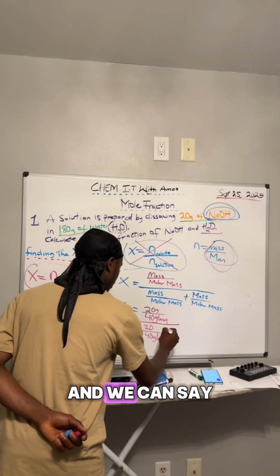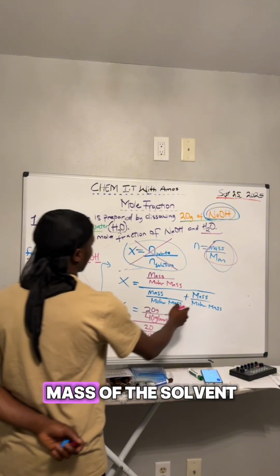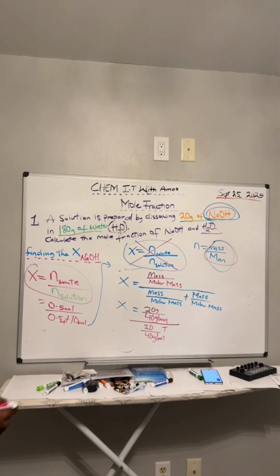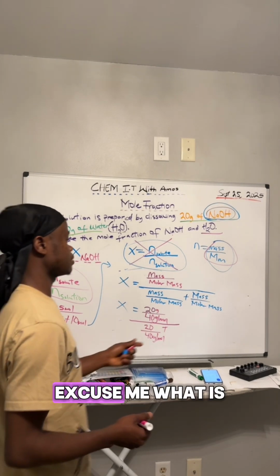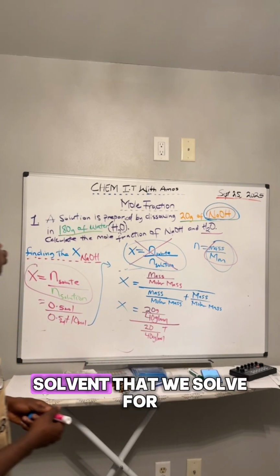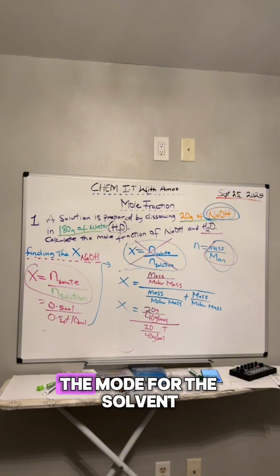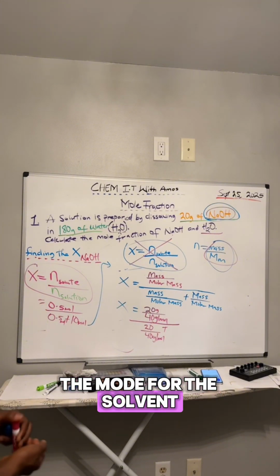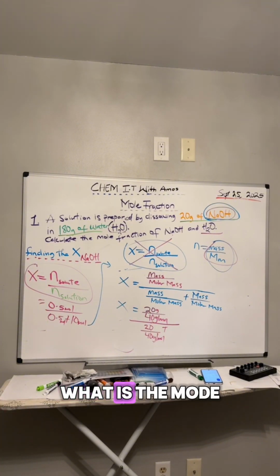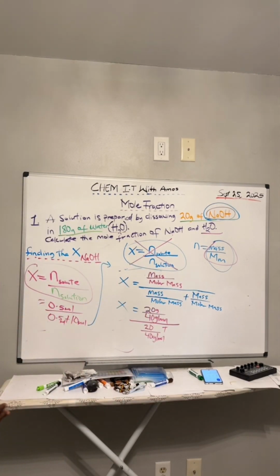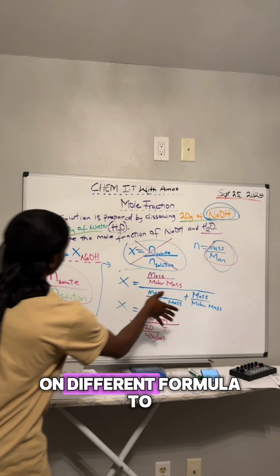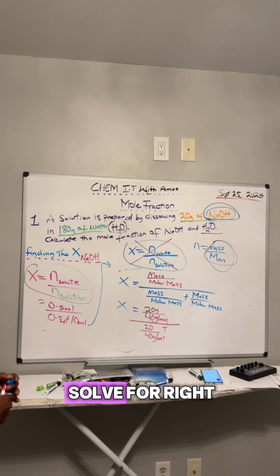And we can say plus, what is the mole of the solvent that we solve for? For that, we are not using it again, because we have used a different formula to solve for, right?